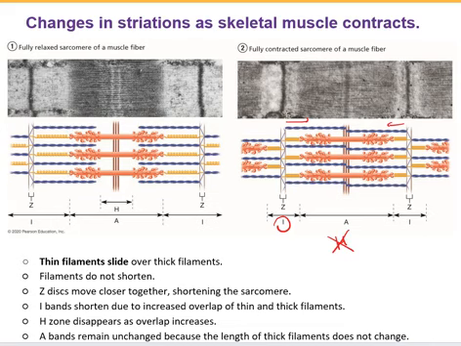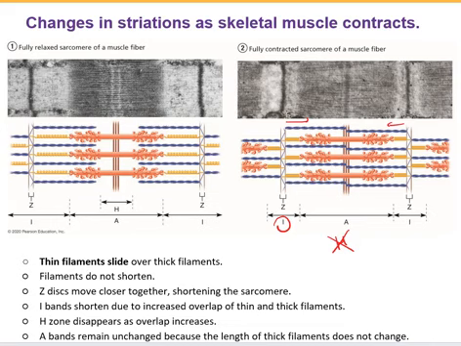But look at the A band. If you just measure the A band or compare it with the fully relaxed sarcomere, you can see that there is no change of the A band length. The A band stays the same because the length of the thick filaments does not change.